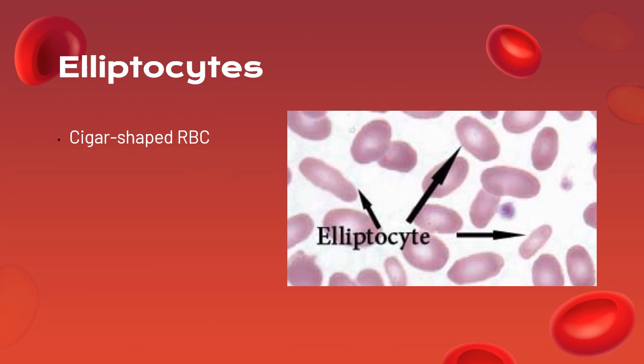By the way, in the thin smear, at the very end of the smear, if you view there, usually the cells are already deformed. You may see elliptocytes and all kinds of shapes there, but that is normal. They are not, for example, true elliptocytes. That is only due to the smearing.